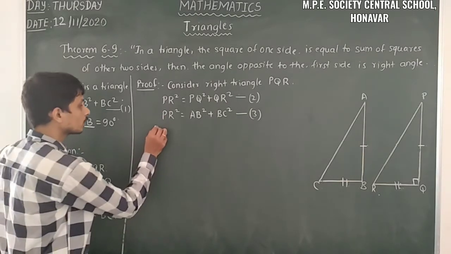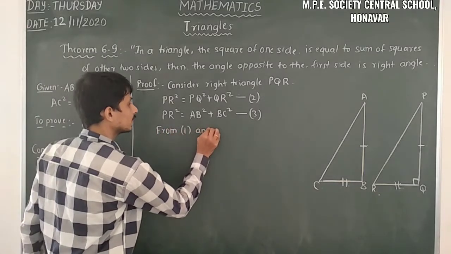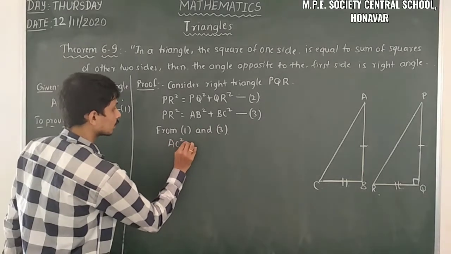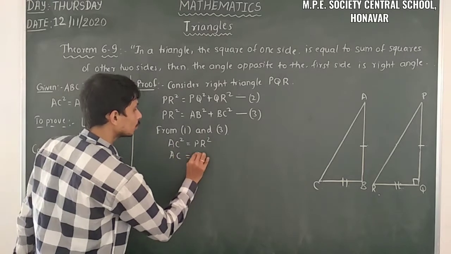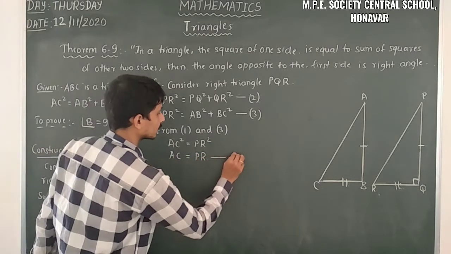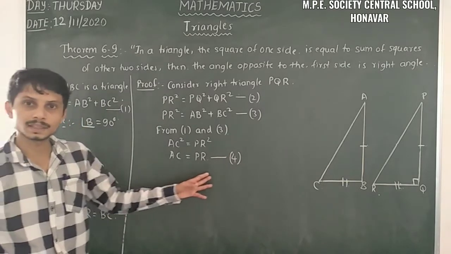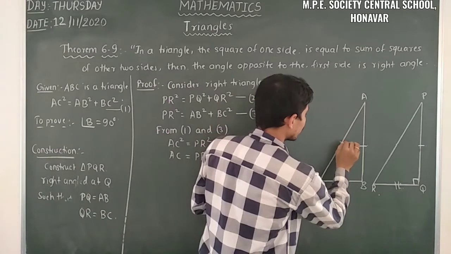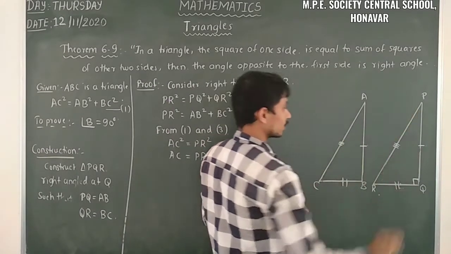From equation 1 and 3, we have AC square is equal to PR square, so AC is equal to PR. I will take this as equation number 4. As we have the equality, this side and this side are equal.